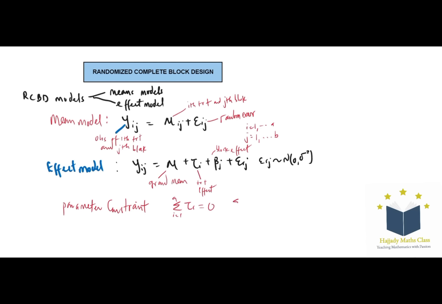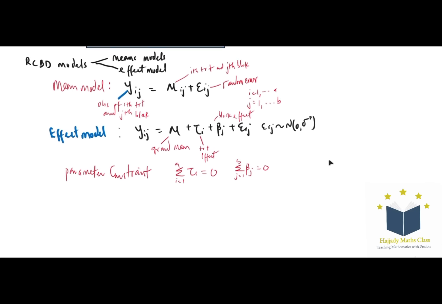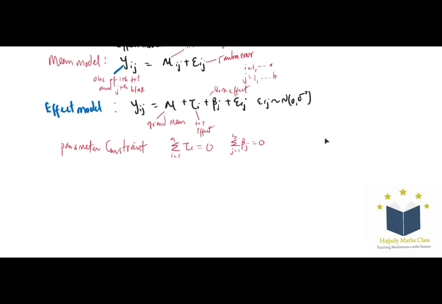Also, the second parameter, beta j, where j sums from 1 to b, is also 0. Take these two parameter constraints into consideration. With this, we can proceed by looking at the sum of squares.